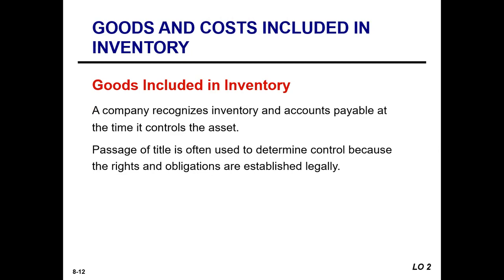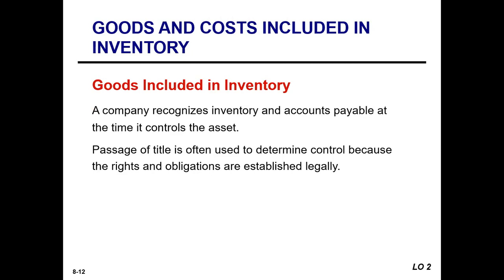In the case of FOB destination, when the seller pays the shipping cost, then the seller has legal title to the goods, right? Usually, who controls or legally owns the goods is the issue as to whether or not they would be included in the inventory, right? So we look at that on the next slide.